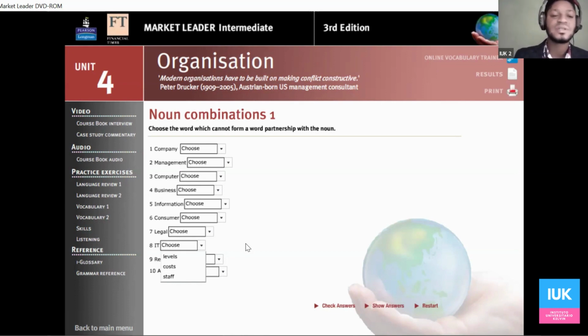Which of these words does not typically go well with the word IT? Of course, IT stands for information technology. Do you work in your company's IT department? It's quite an important department to work in.